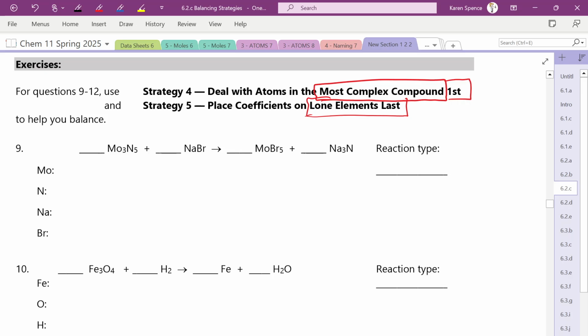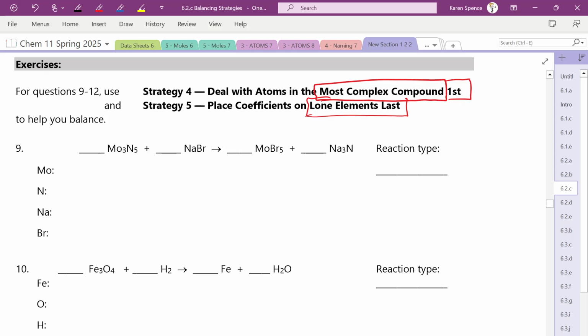So I'm going to fix the little one first. Then it's nitrogen second. Now, see how it's beautiful when you get these two first?